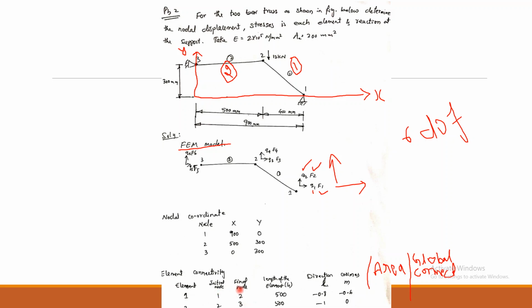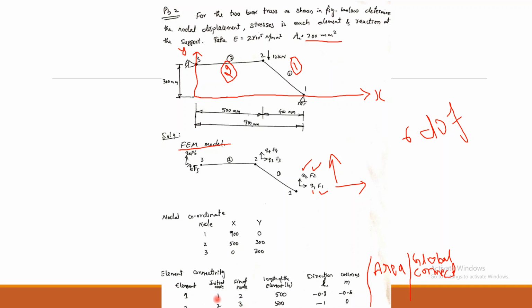Initial node 1, final node 2. After that I should calculate the length of the element and the direction cosines L and M, and next is area. Since area is common for both elements, you can represent area as 200 mm square, and the area should be in mm square.